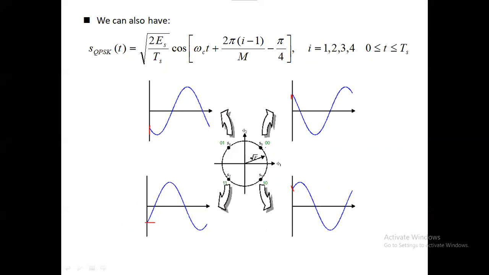This is gray coded because we have 00, and then when we move to S1 there is a 1-bit change, and if we move to S3 we have a 1-bit change.